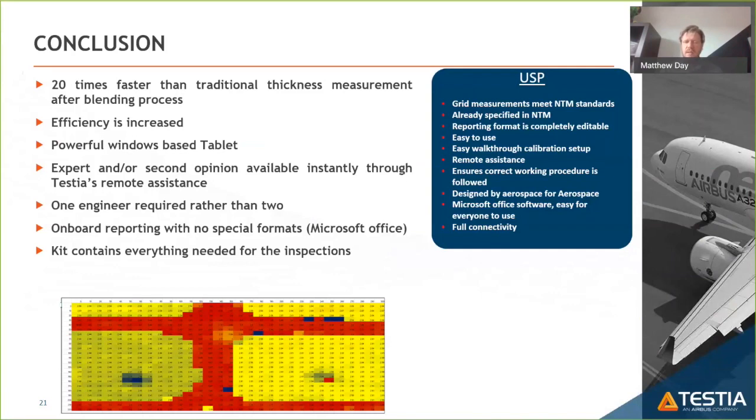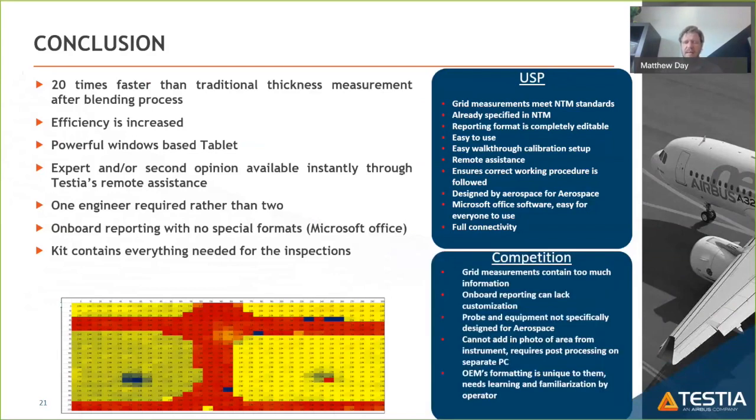So we have Microsoft Office software. It's easy for everybody to use. And again, all of the other manufacturers, they have their own formatting that makes them unique, that's unique to themselves. And of course, the thickness tool has full connectivity, so 4G and Wi-Fi.